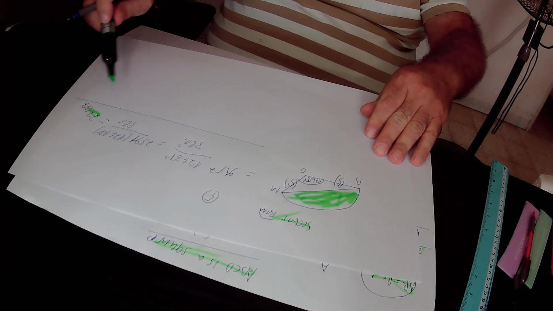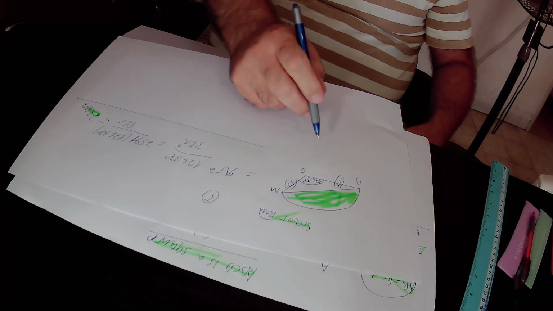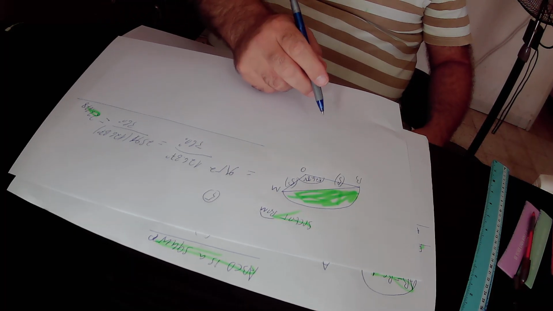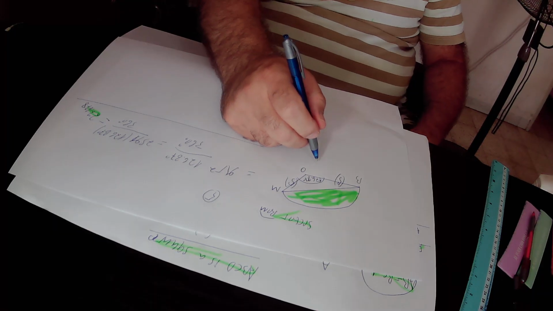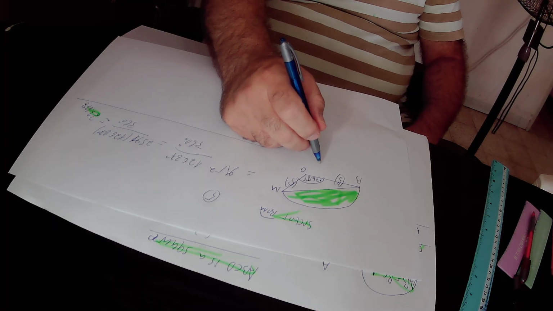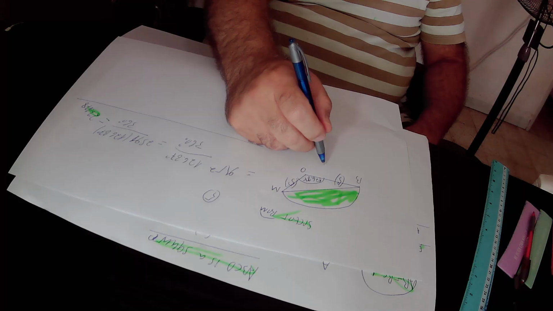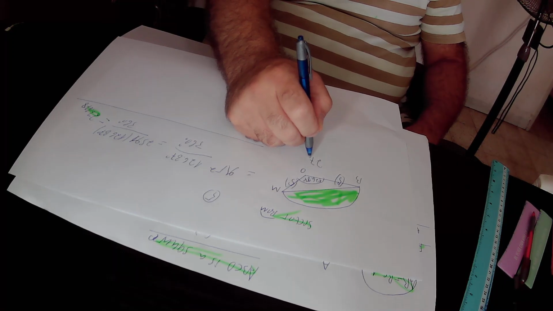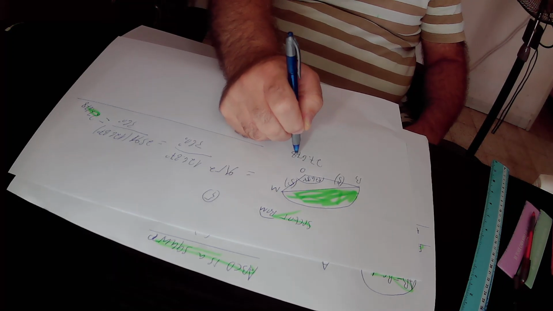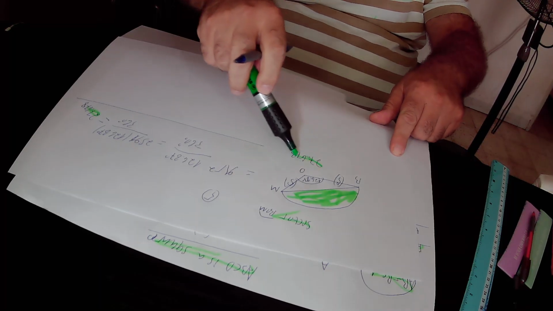So we found that the area of this sector BOM equals 27.678 square units in size.